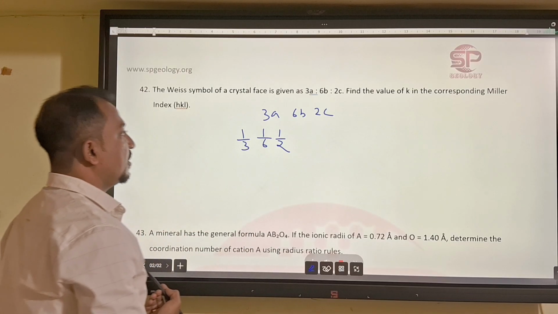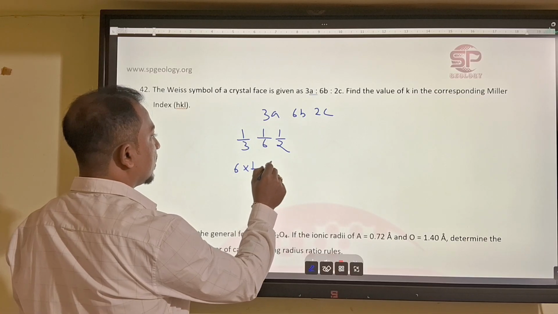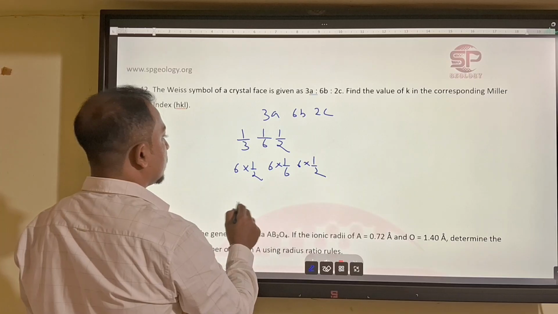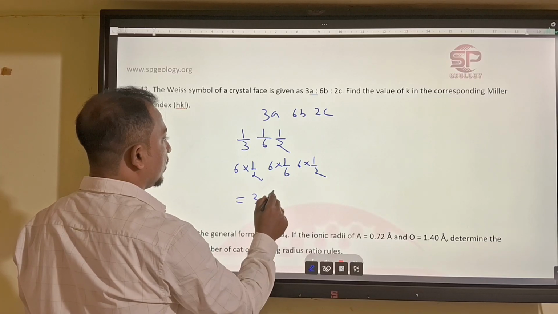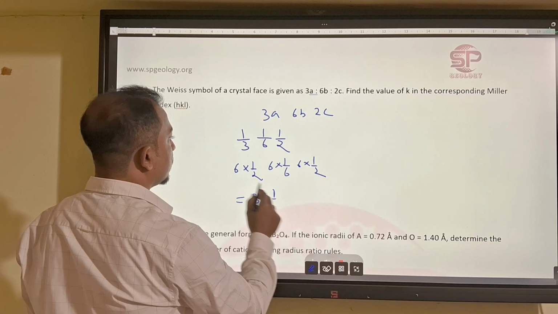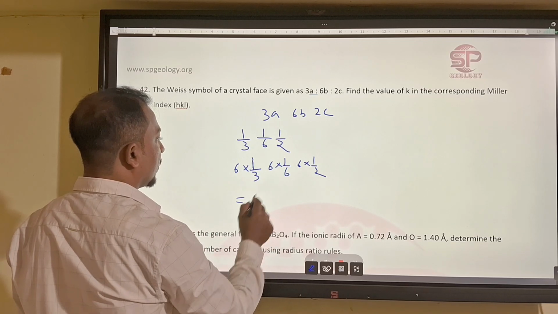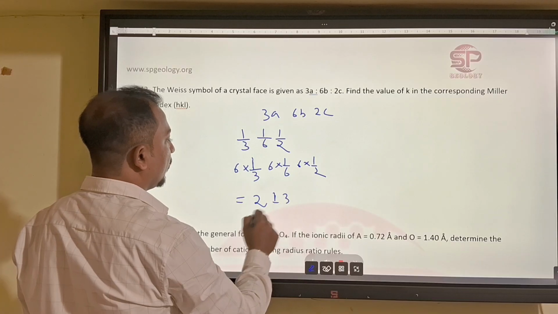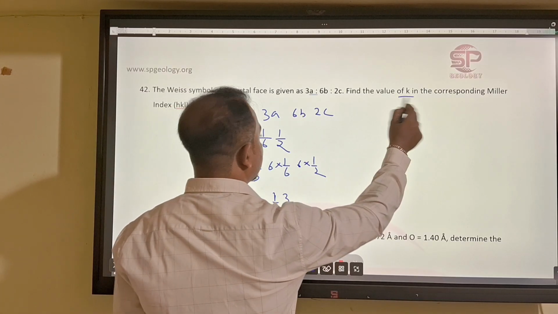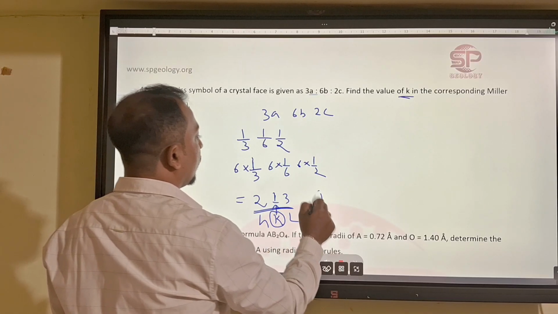Here the LCM will be 6, so we multiply by 6. It will be 2, 1, 3. It is asked about the K place. So it is H, K, L, and the K place will be 1.